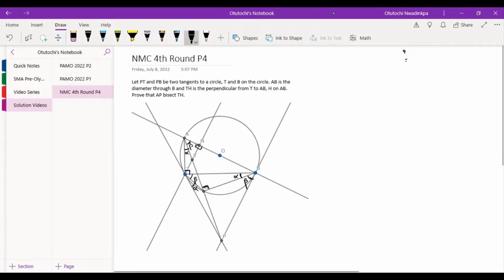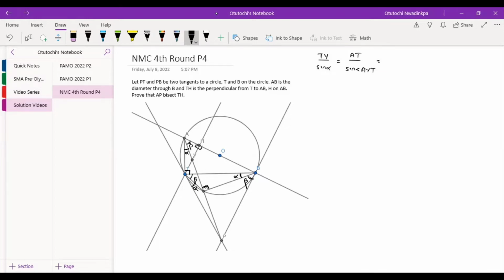So the best way to represent TY and YH is with trigonometry. So let's start by considering these two triangles, TAY and HAY. So we know that TY over sine alpha, that's sine angle TAY, is equal to AT all over sine angle AYT.